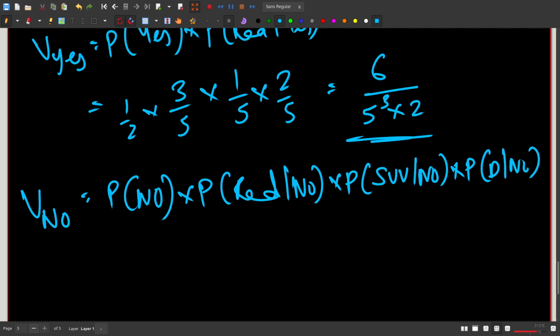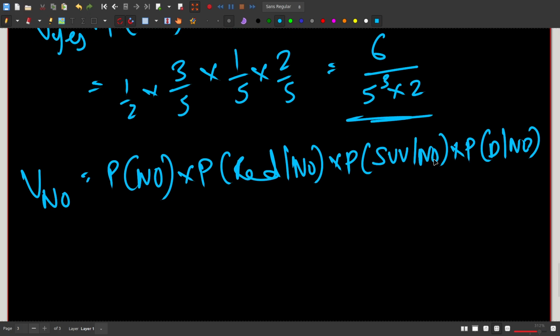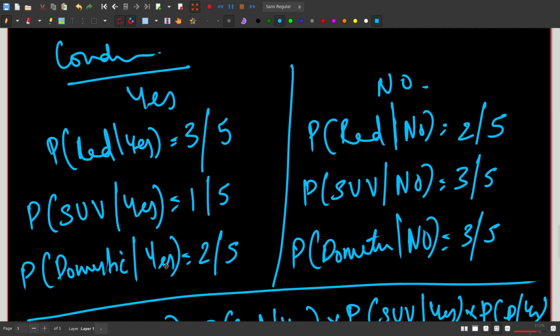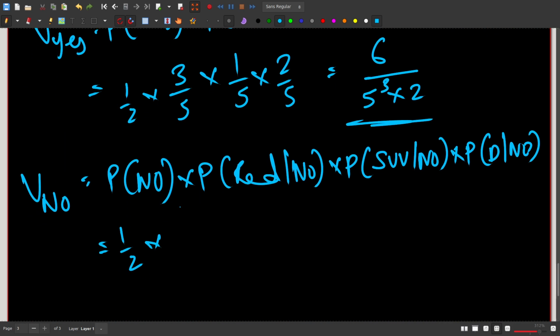Basically, probability that it is domestic, given that it was not stolen. That is what it is. I'm using shorthand here, but I think it is quite well understood what I mean. Now red no, so you have 2, 3, 3, so we can just write that 2 by 5, 3 by 5, 3 by 5.